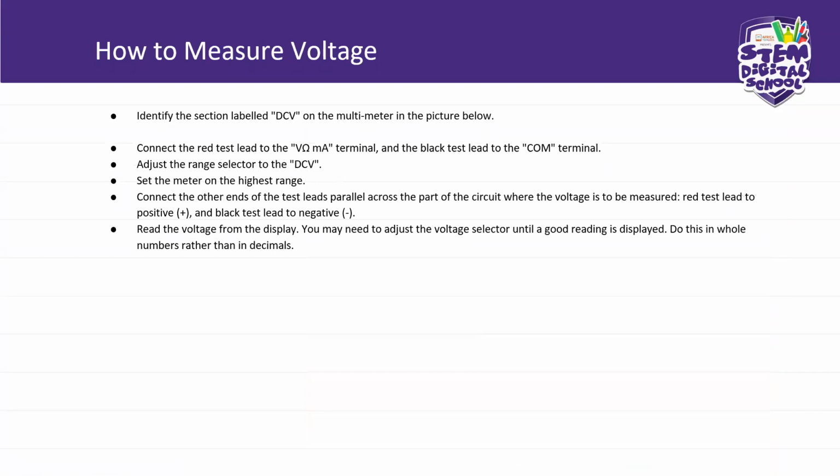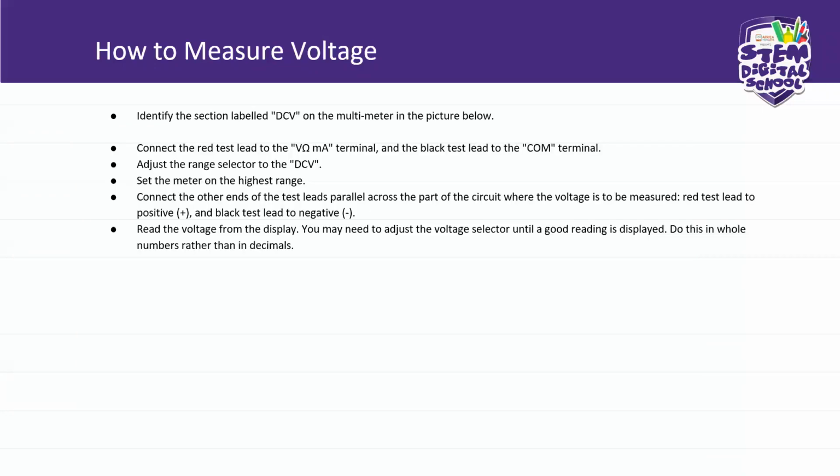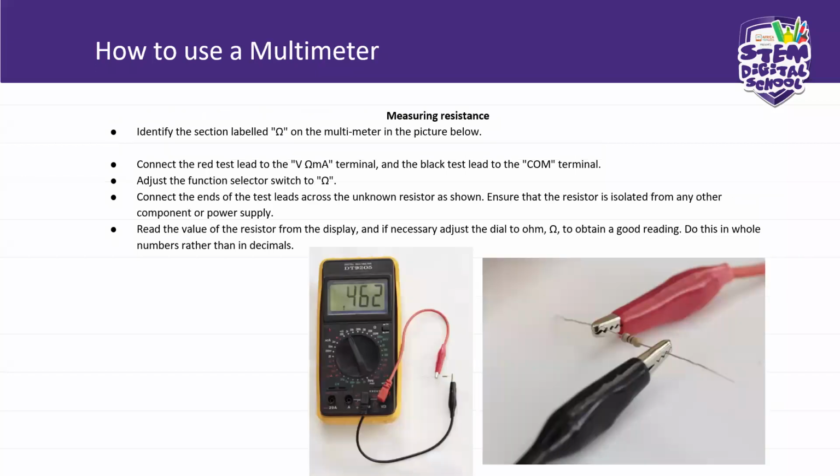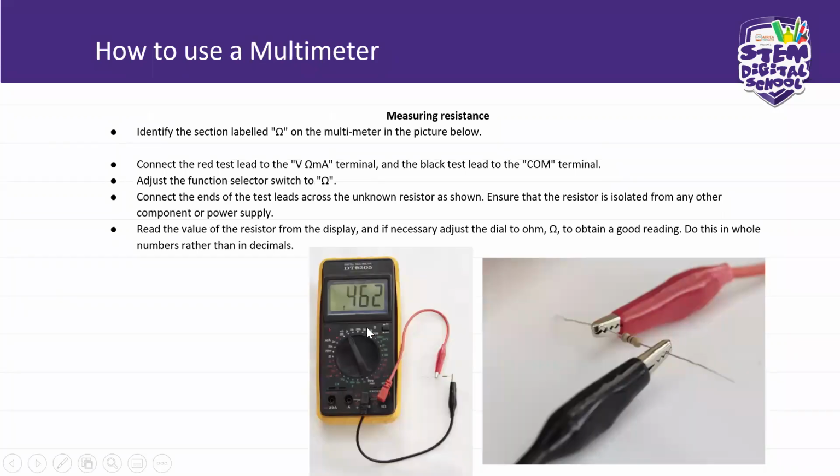How to measure voltage. You do your connections, identify the section labeled DCV on the multimeter, okay, in this picture. And then you connect the red lead like I showed you. And then you set the meter on the highest range of voltage, because around this selector you have units for voltage, current, and resistance.